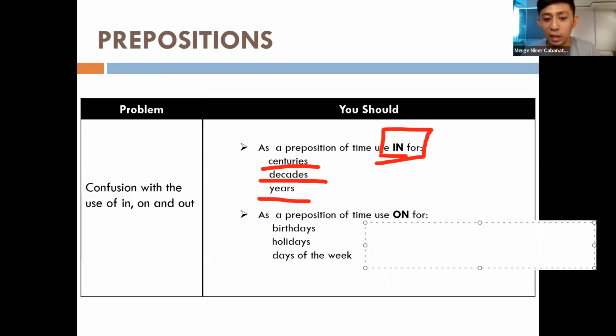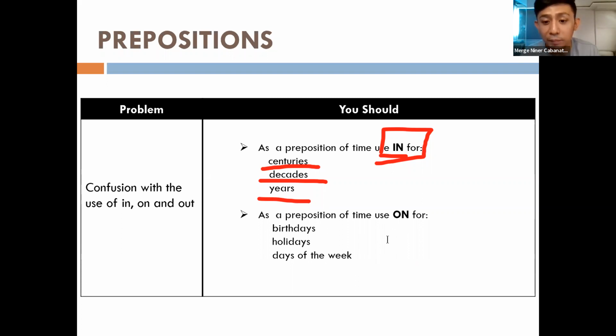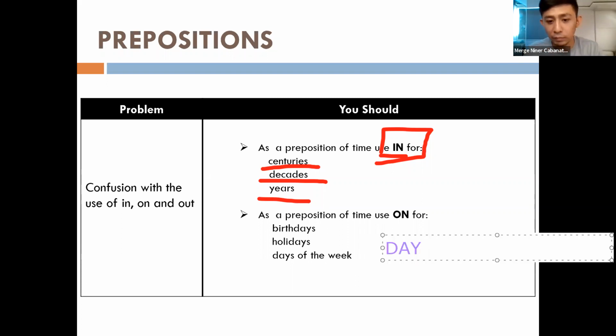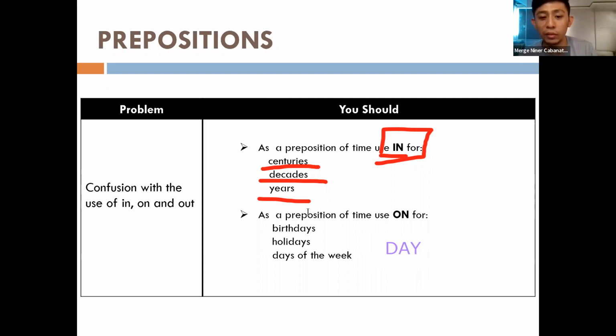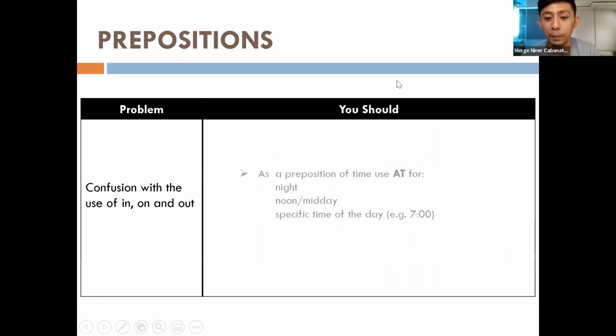Okay, so pag sinabing date, meron kang day. So "on." Halimbawa, birthday. On my birthday. Holiday: on Rizal Day, on Christmas Day, days of the week, on Wednesday, on Thursday, on Friday, on Saturday. "On" ang gagamitin. Now, kailan natin ginagamit si "at"? Para sa specific time.